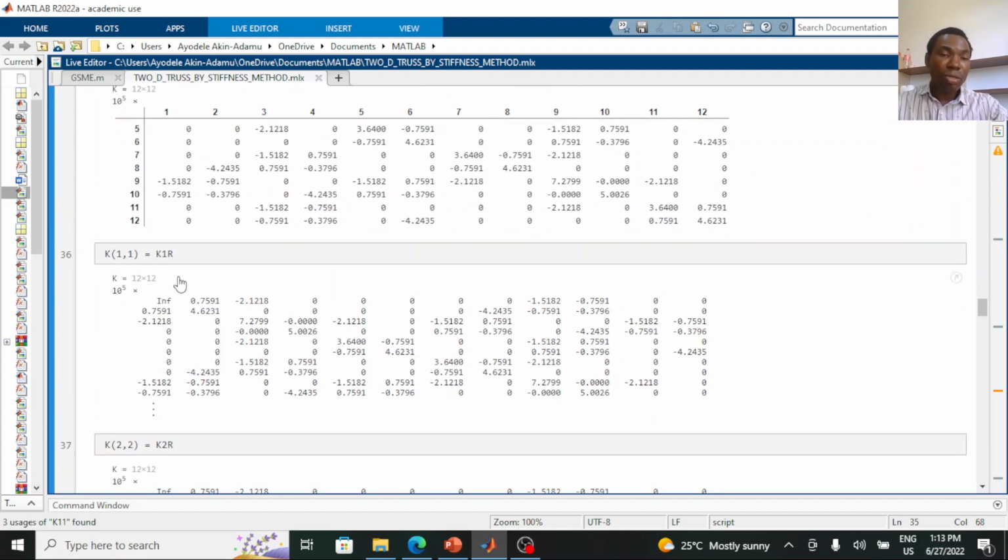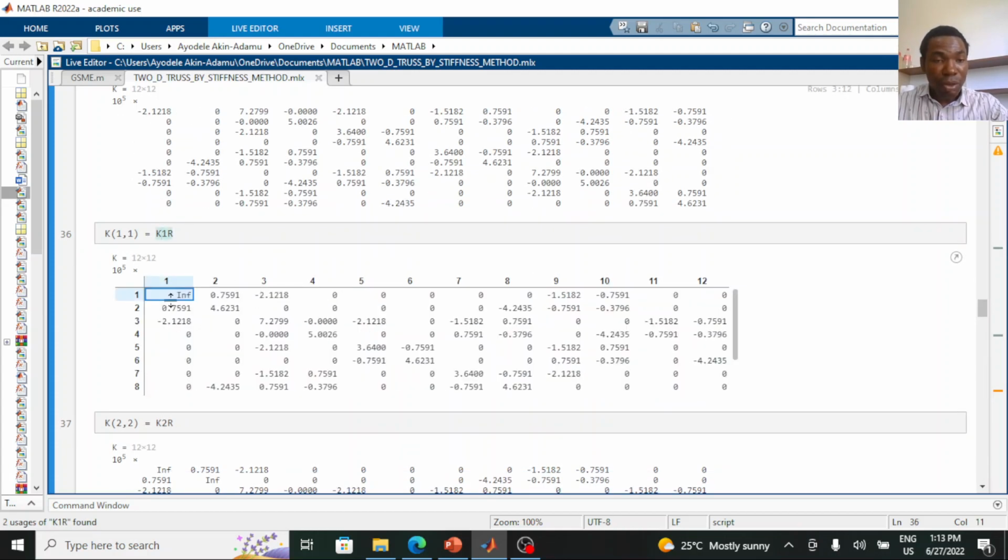Because at node 1 and node 4 we have supports, we need to add elastic stiffness, which I'm defining as infinity in this lesson, at 1, 1, 2, 2, 7, 7, and 8, 8.